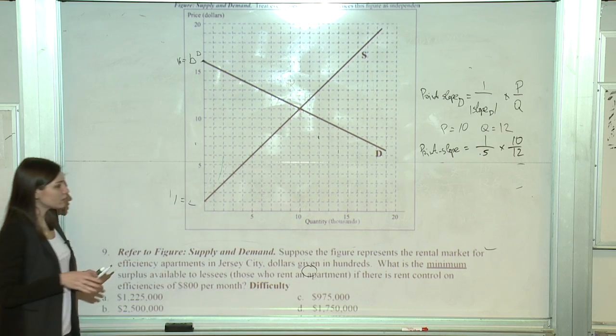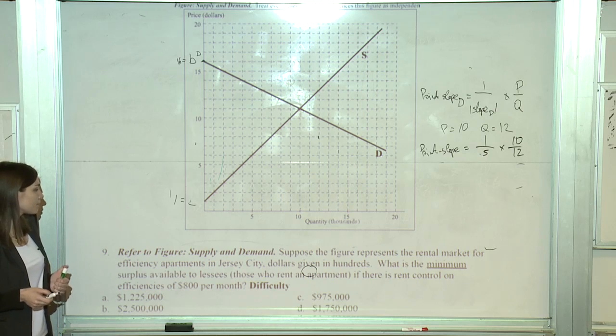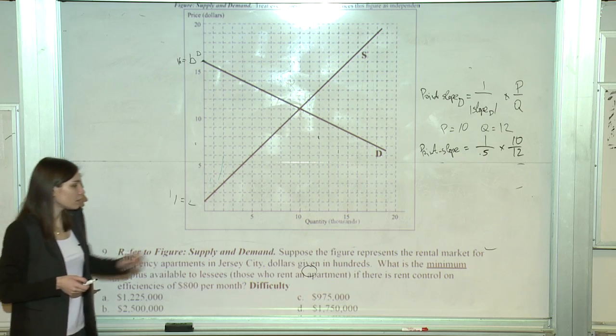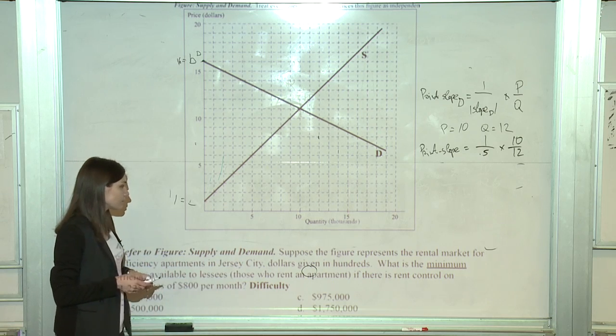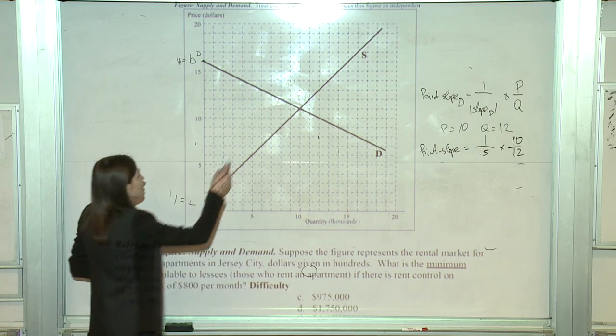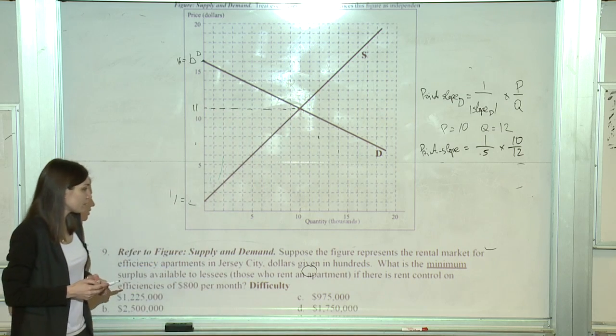Okay, suppose this figure represents the rental market for apartments in Jersey City. The dollars are given in hundreds, so all of those would be in hundreds. We still have the equilibrium, which was at 1100.